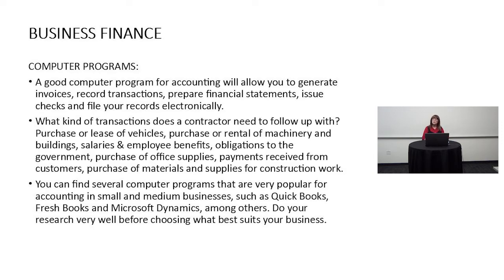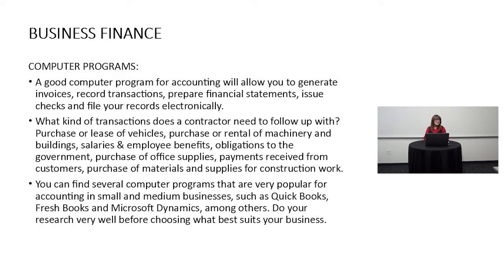Let's look at computer programs. A good computer program for accounting will allow you to generate invoices, record transactions, prepare financial statements, issue checks, and file your records electronically. What kind of transactions does a contractor need to follow up with?